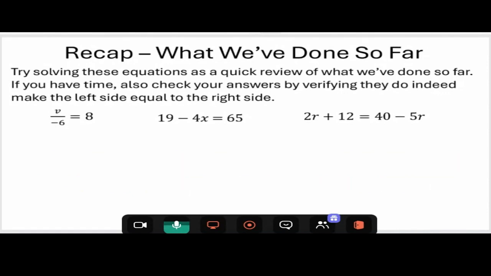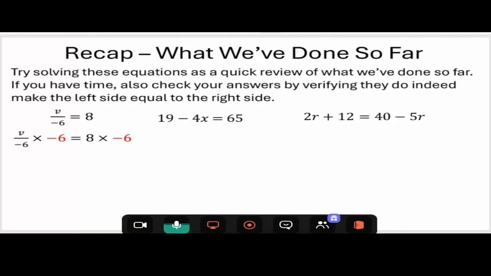So on this first one, we know we're trying to get the v by itself on one side of the equal sign. It's not by itself right now because it has a -6 there with it. And then we ask ourselves the question, how is that -6 attached? It is being divided, right? V divided by -6. What is the opposite of dividing? It is multiplying.